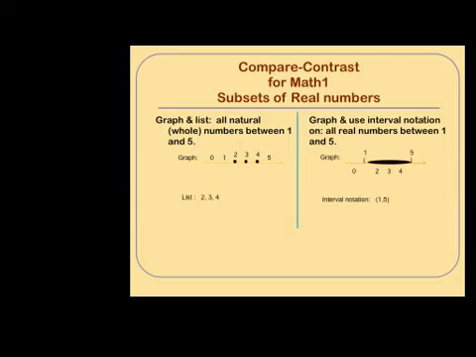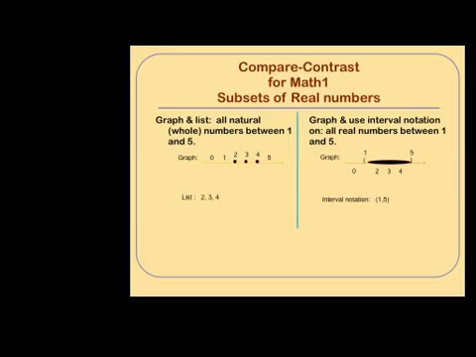And I elicit from the students the similarities and the differences. Similarities: both have graphs. Differences: one is list, one is use interval notation. And of course, these are very significant differences.